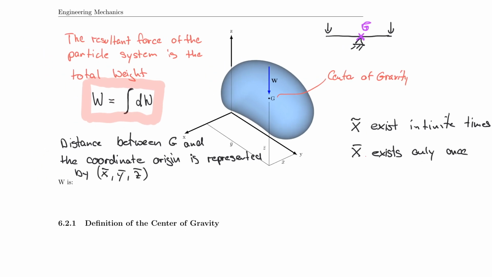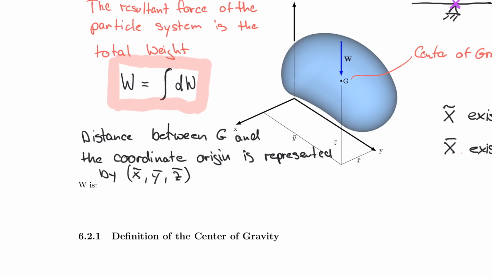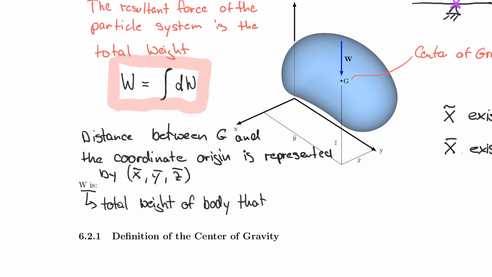Last observation to be written down here is what is W now? W is the total weight of the body. So W here is the total weight of the physical body that passes through the center of gravity.